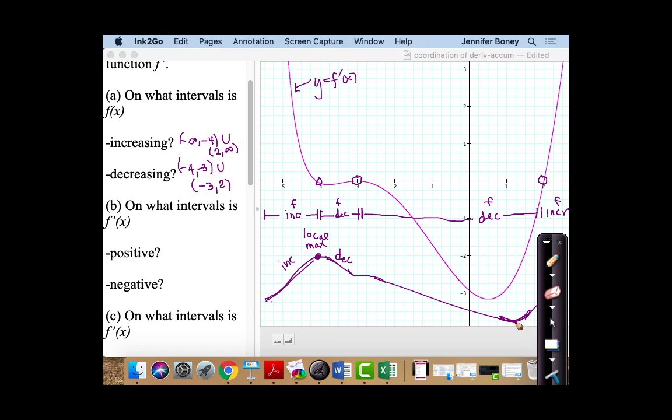Similarly, a spot like this, where a graph changes from decreasing to increasing, we would be at a local minimum or a relative minimum. Relative to the points around it, this has got to be the lowest one around because previously the graph was going downhill, the y values were decreasing, and then they changed to increasing. So in the middle, when it changes over, that must be a minimum.